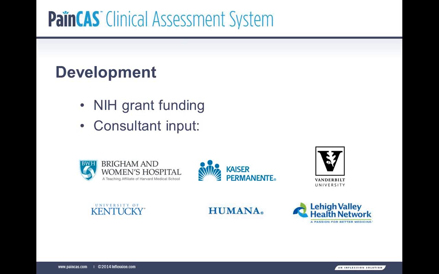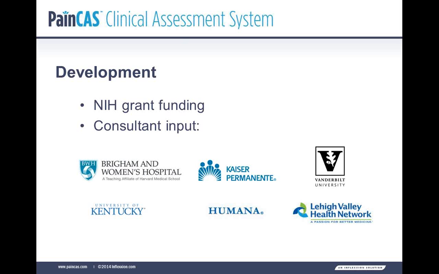When we moved into the phase 2 NIH grant, that was the actual process by which we developed the final versions of the initial and follow-up assessments, which involved consultant review from these organizations around the country, and then final revisions of the assessment to make sure that they were not too lengthy and captured what mostly everyone felt should be captured as part of a good comprehensive pain assessment.